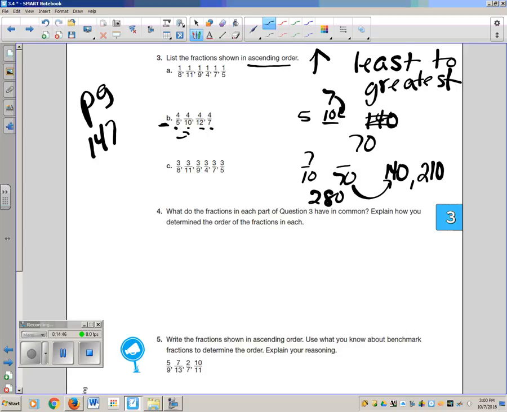The next multiple is 350. On your calculator, you would go 350 divided by 12. You get 29.16666. Finally, you end up at 420. 420 divided by 12 is 35. Your common denominator for all of these fractions would be 420.